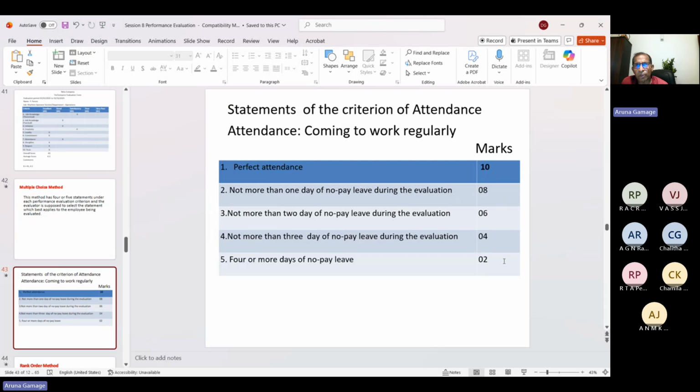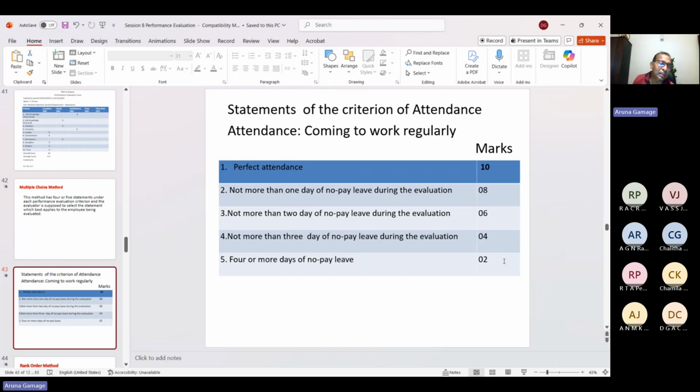There is another employee called employee D. He has taken 7 days of no pay leave. So how many marks does he deserve? 2 marks. Right, now you can evaluate any employee along this scale in terms of attendance.